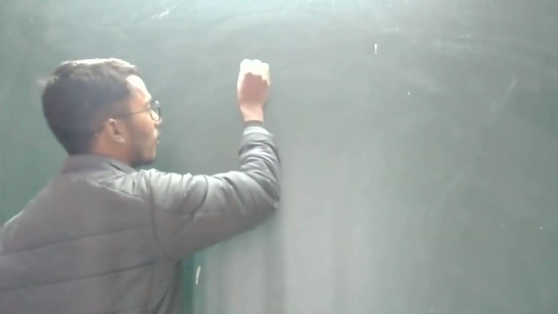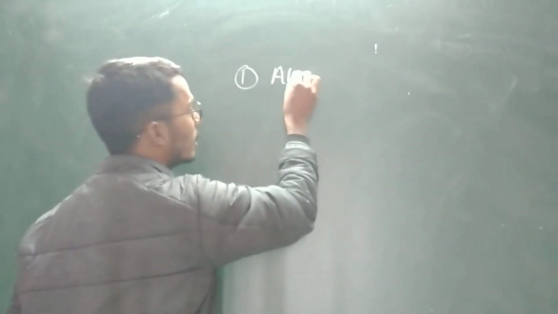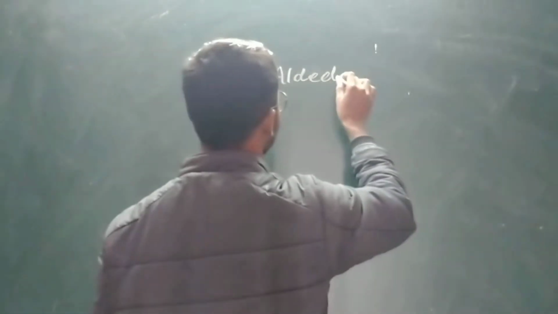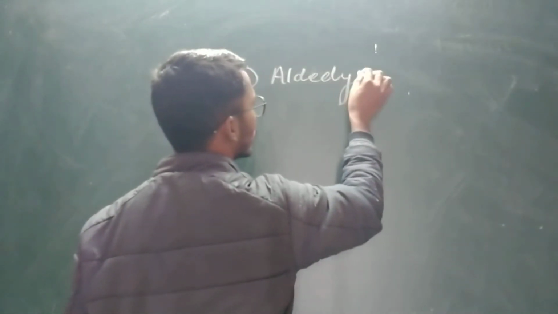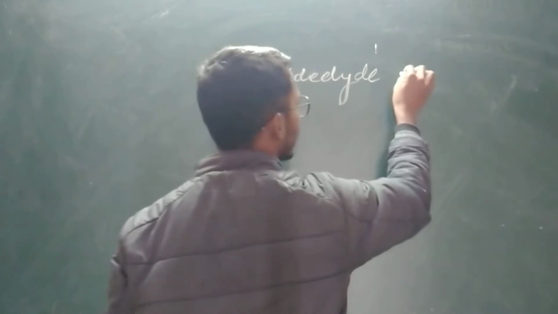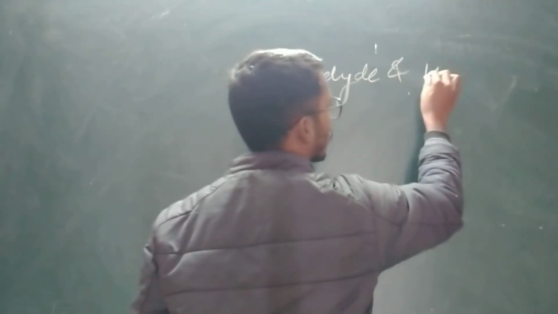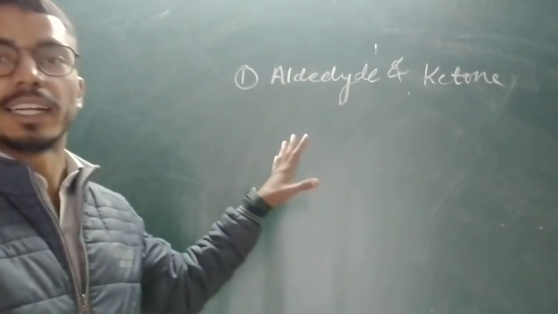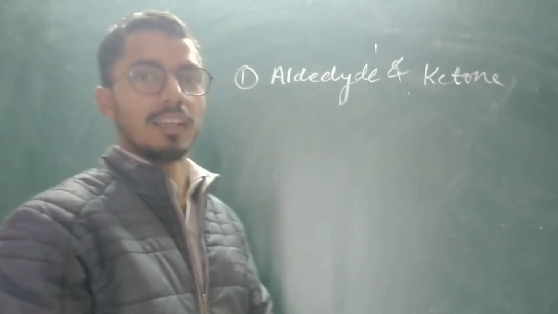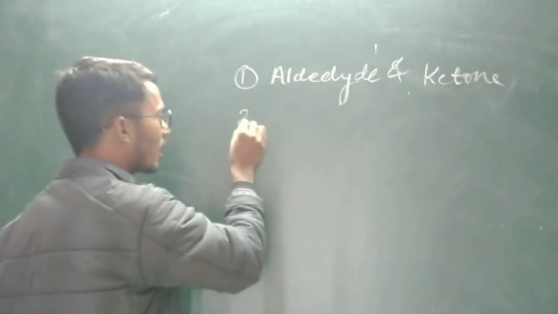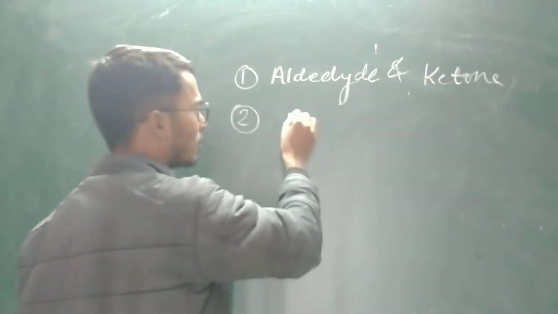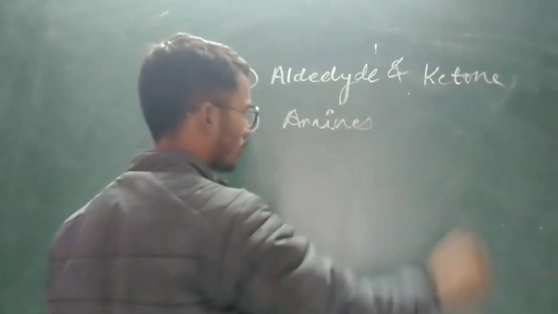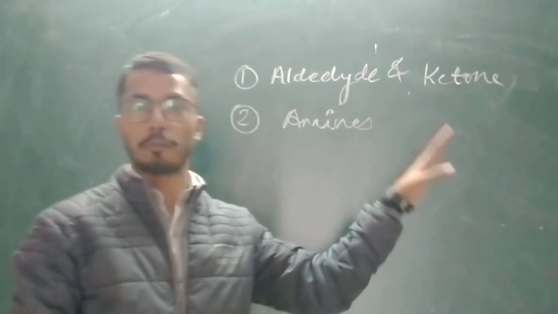So the first chapter is aldehyde and ketone. The second chapter is amines.